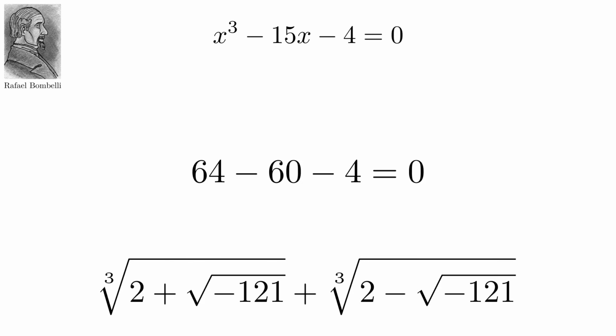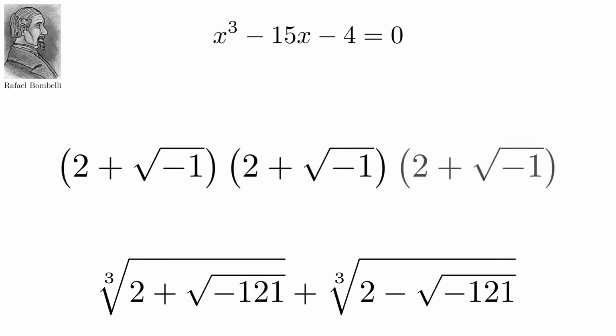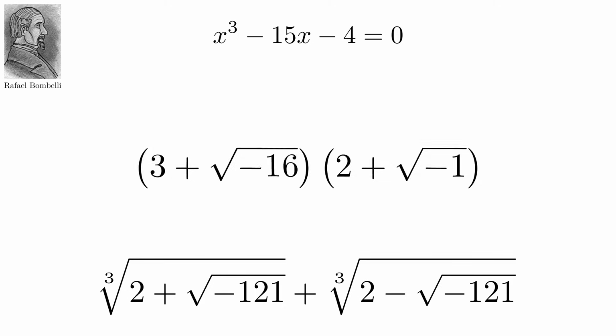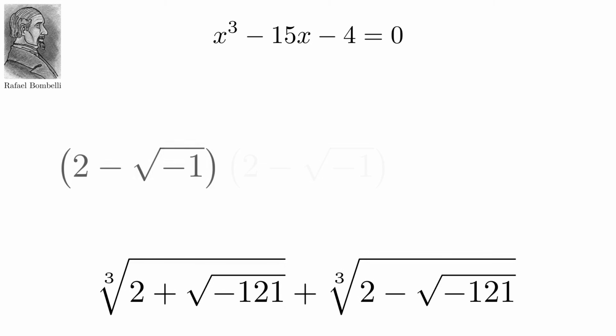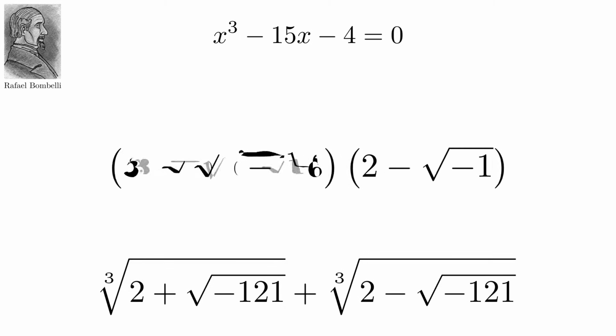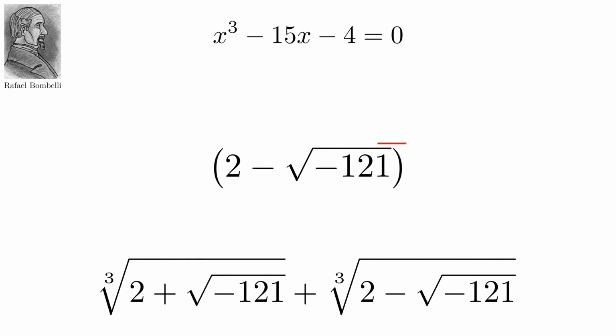What Bombelli noted was that if you just pretended that taking the square root of negative numbers made sense, even though everyone at the time knew it was obviously absurd, then you could see that in fact 2 plus the square root of negative 1, cubed, was equal to 2 plus the square root of minus 121, and 2 minus the square root of negative 1, cubed, was equal to 2 minus the square root of negative 121.